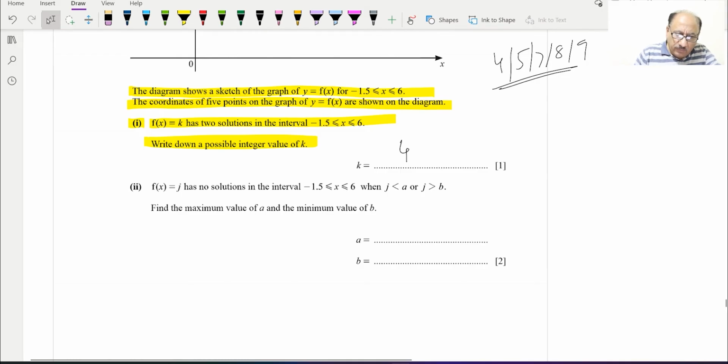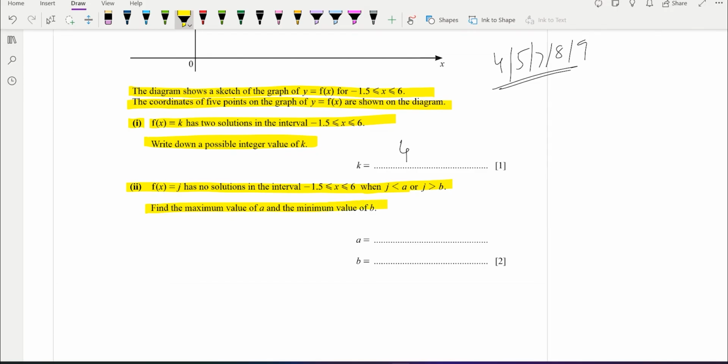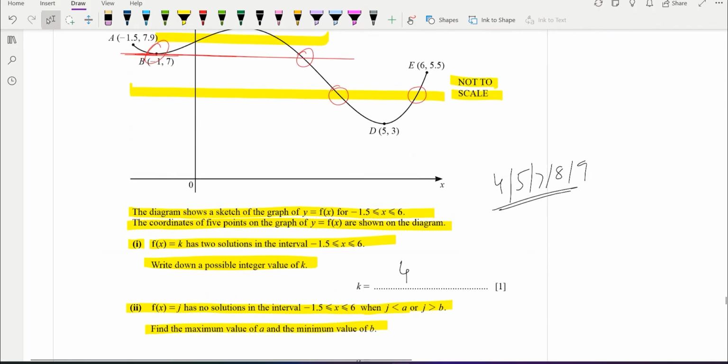Then the second part says f of x is equal to j has no solutions in the interval, and j is less than a, j is greater than b, and find the maximum value of a. So no solutions means what? Less than 3 will be no solutions.